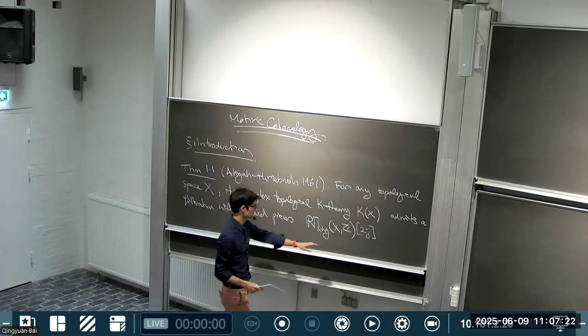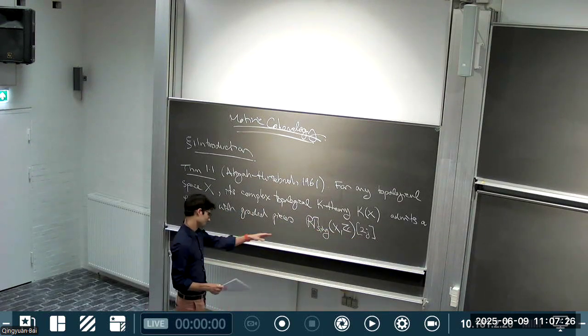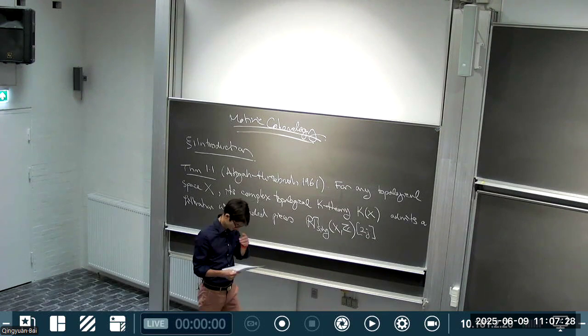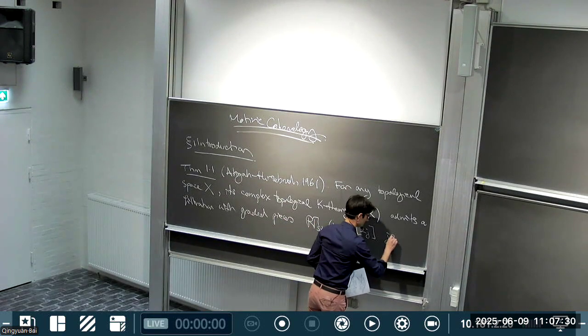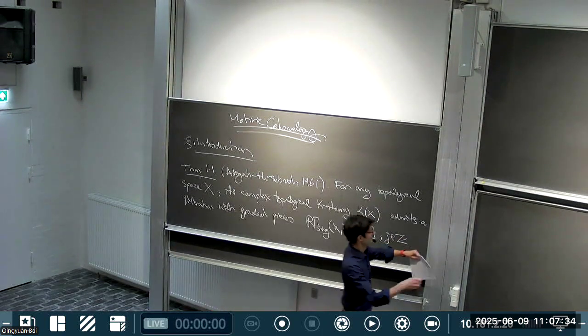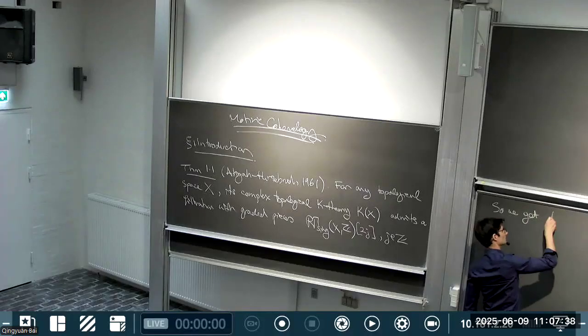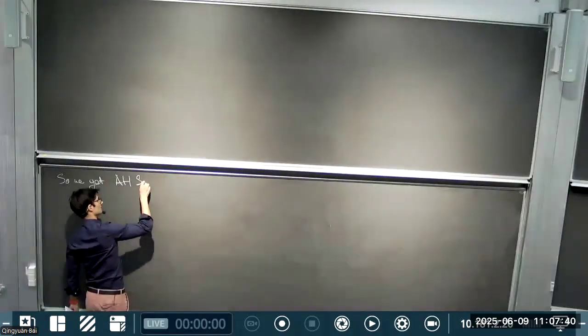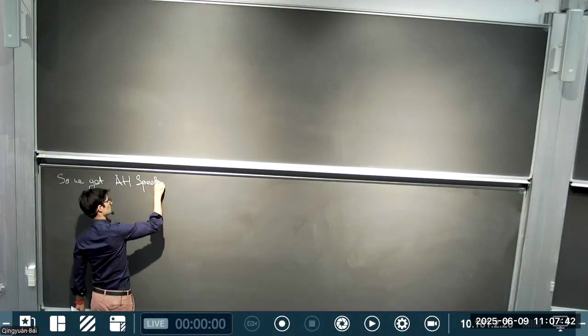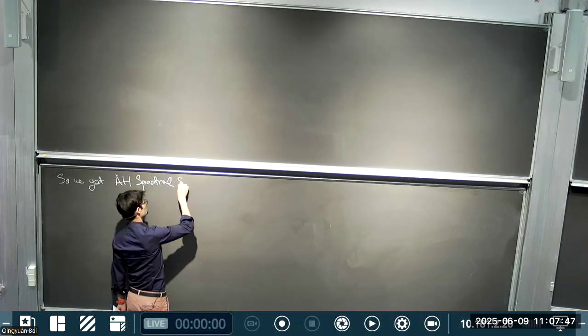So this will be my notation for the shifting of a complex to the left. And so we get then, just by the machinery of filtered spectra, what we call the Atiyah-Hirzebruch spectral sequence.